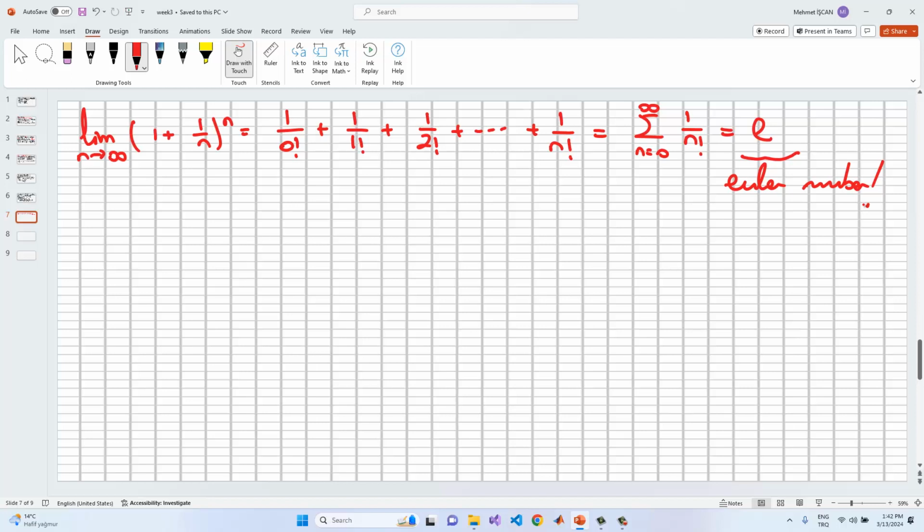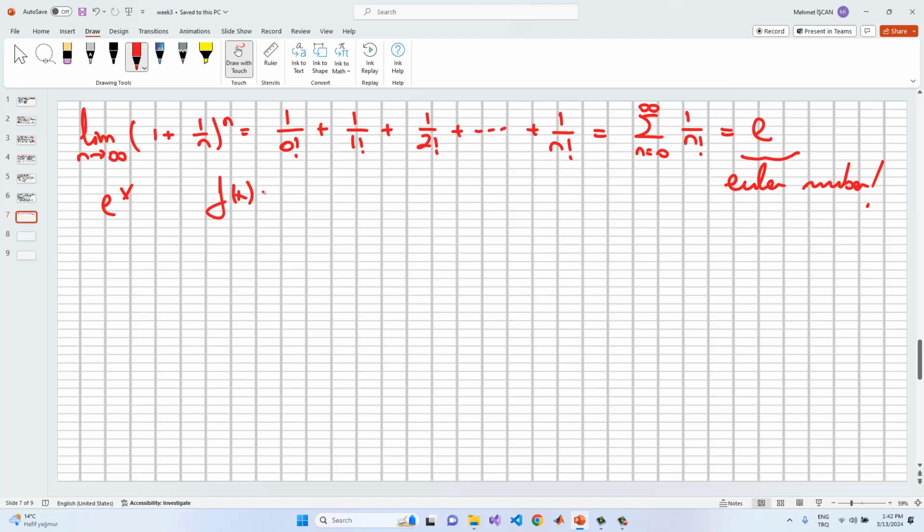If we use the Euler number, e to the x, differentiation always produces itself.